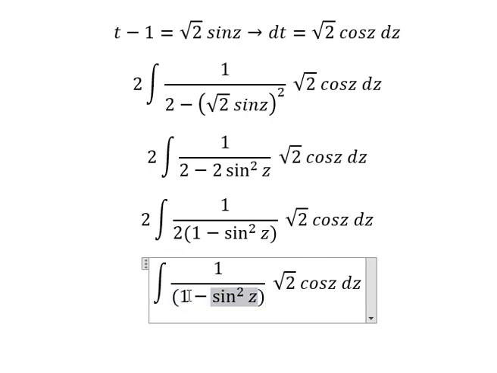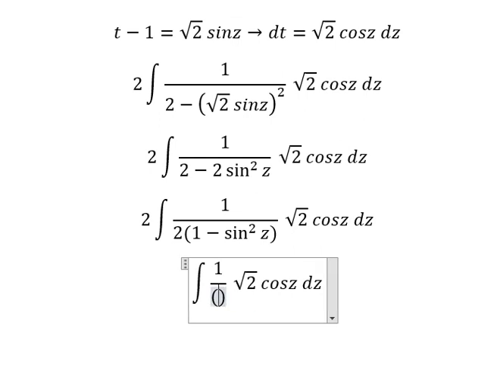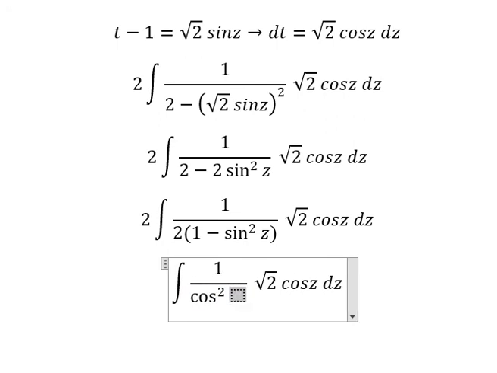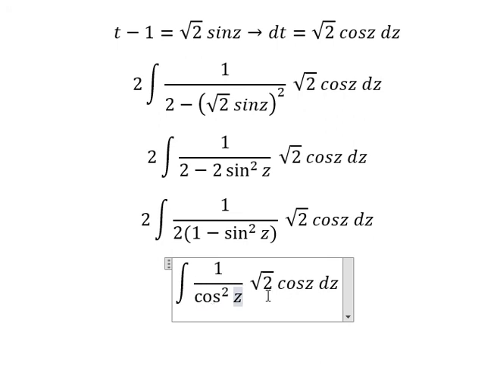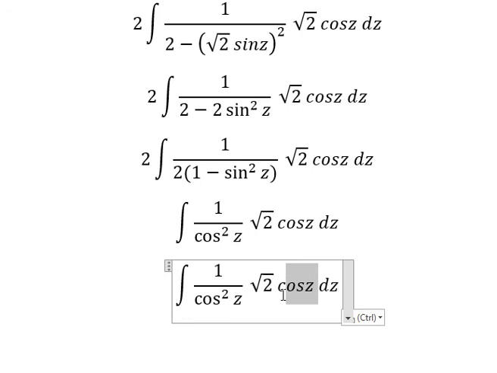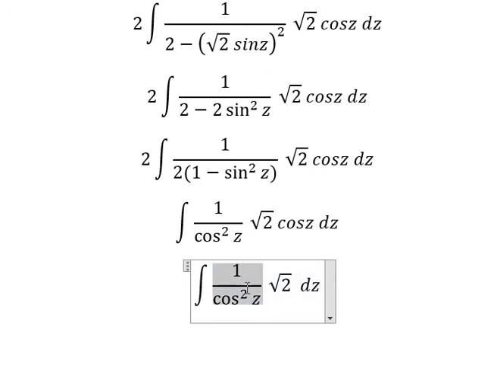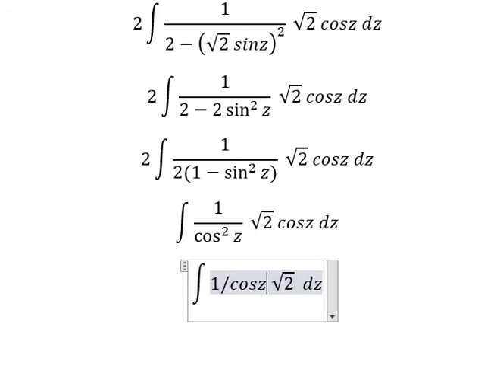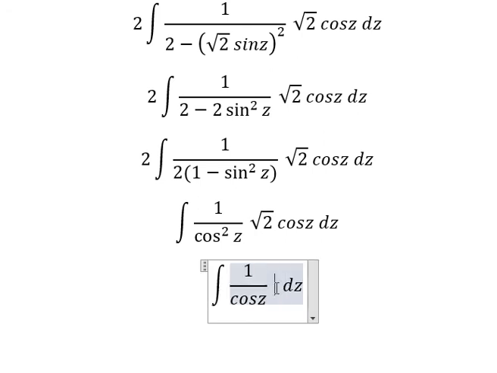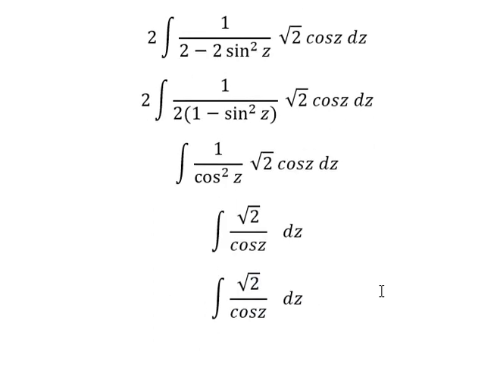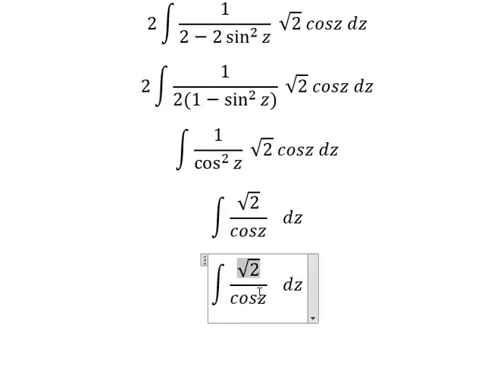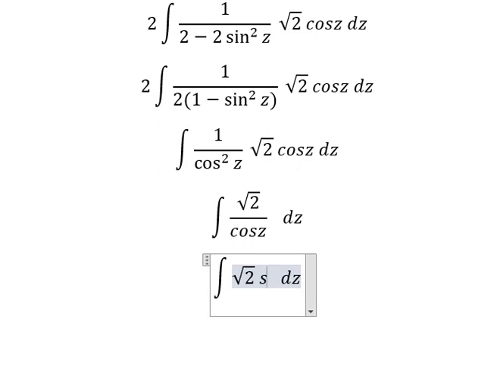This one we change by cosine z square. Cosine z we simplify. And this one we have the square root of number 2 secant of z.